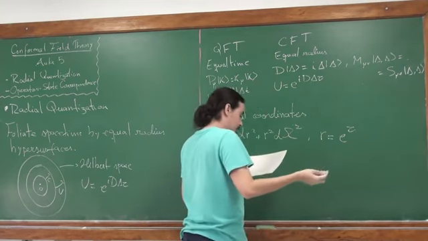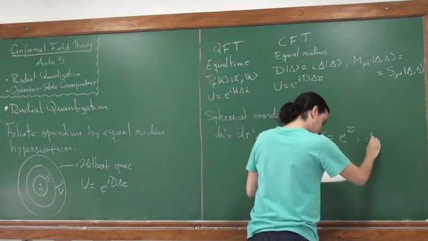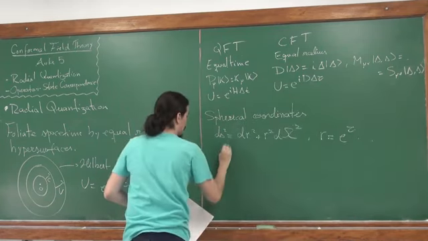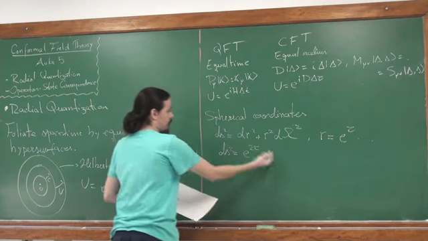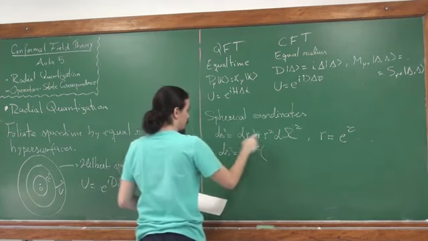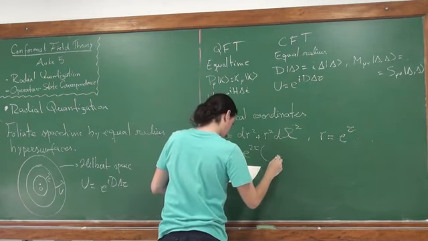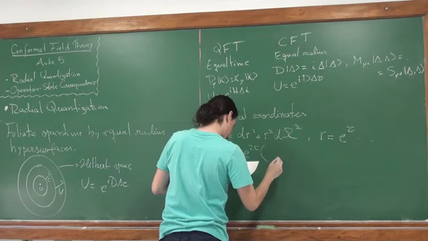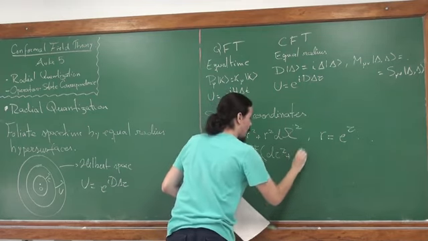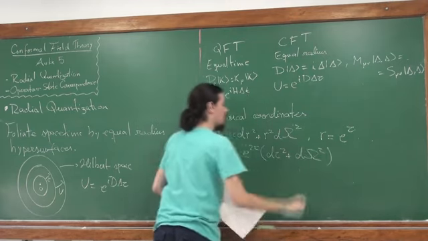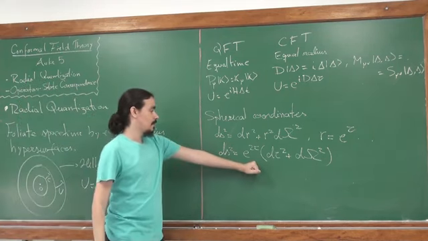And why do you do this? If you do this, then of course this line element becomes, we pick up an exponential that factors out from this differential, and we end up with this. Now this is just a conformal factor.